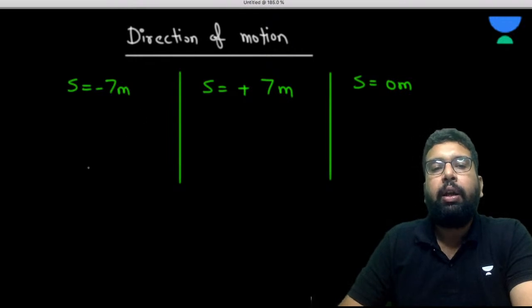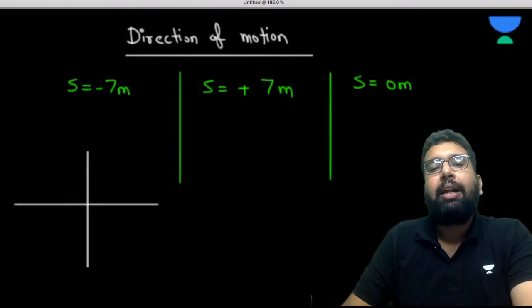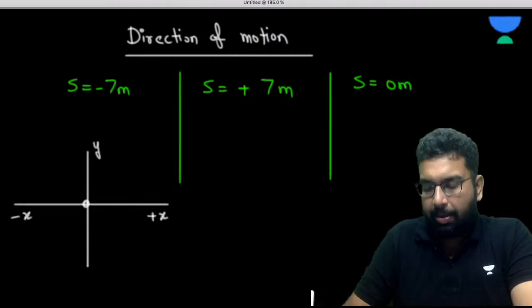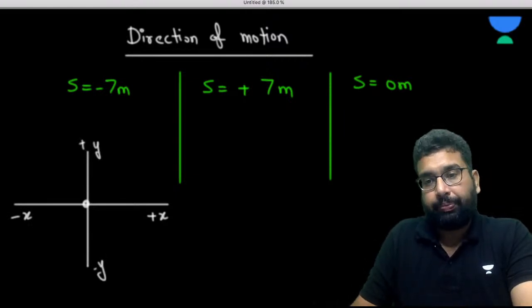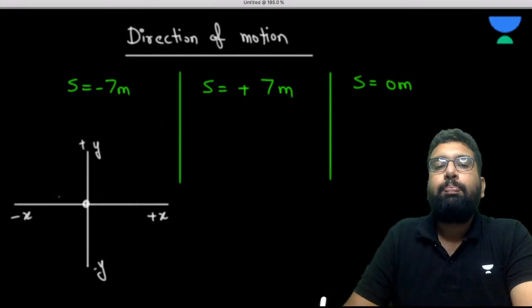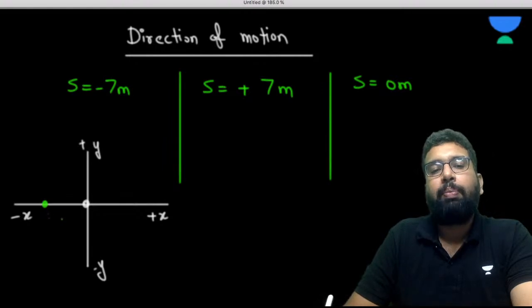Basically, minus 7 means a position measured from some origin. The normal system we use is plus x, plus y, minus x, minus y. It's just the position. So this minus 7 meter is somewhere here.